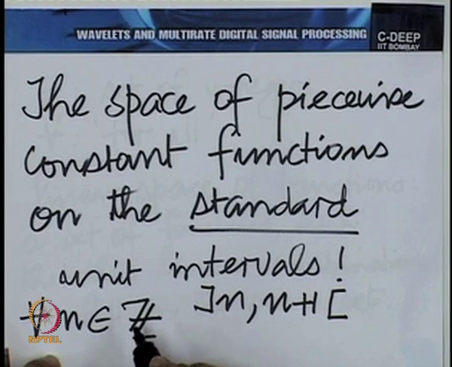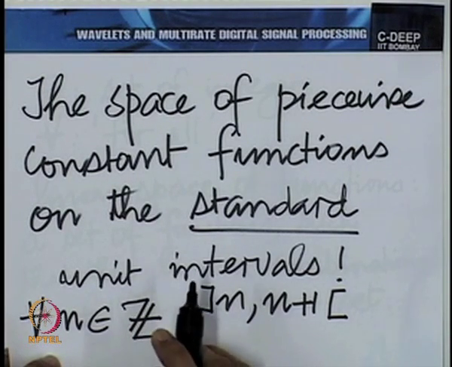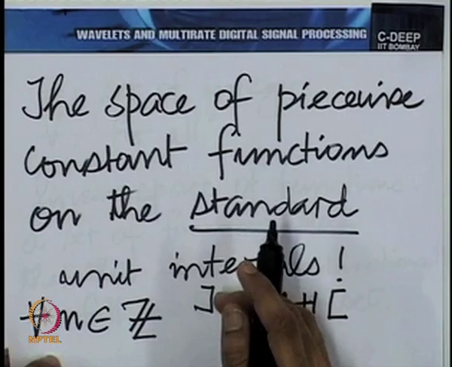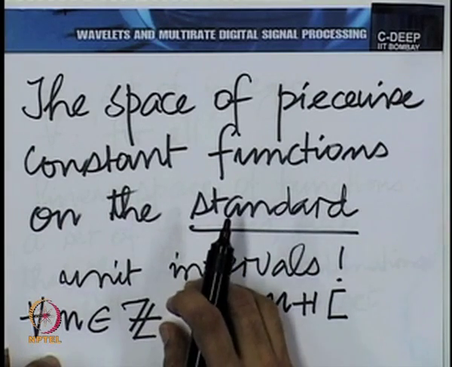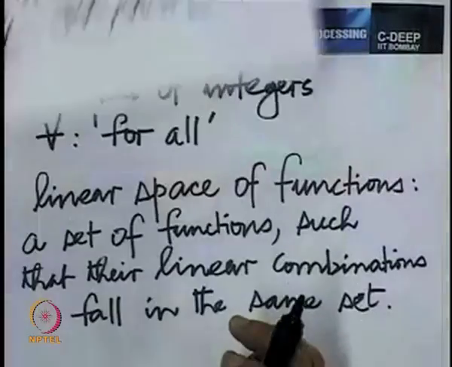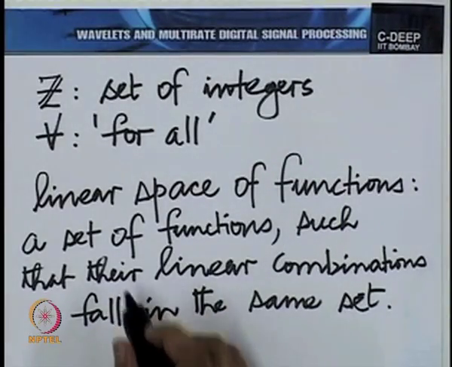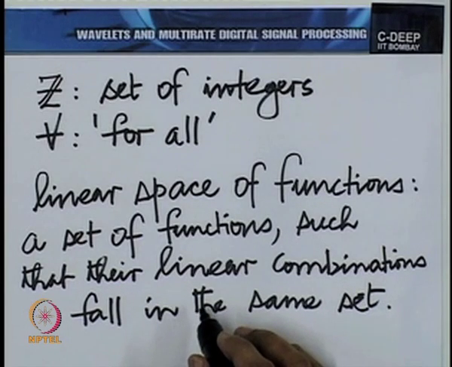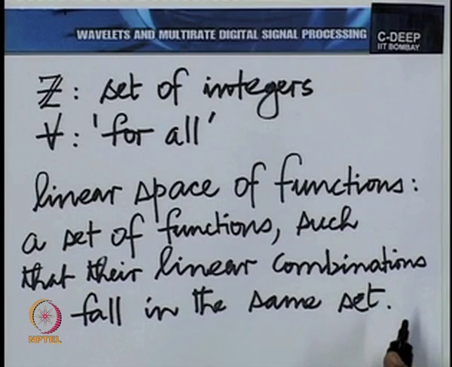And naturally, when you talk about linear combinations, you could have finite linear combinations and you could have infinite linear combinations. Now, for this point in time, when we talk about linear combinations, we are essentially referring to finite linear combinations. So, that is just a little clarification for the moment.